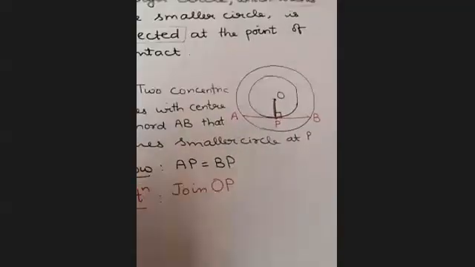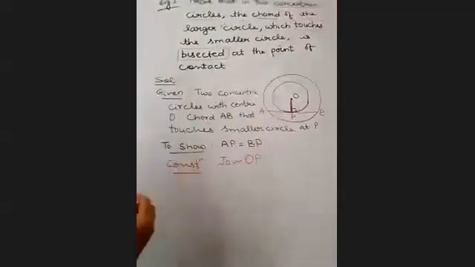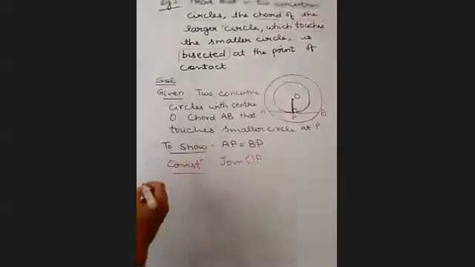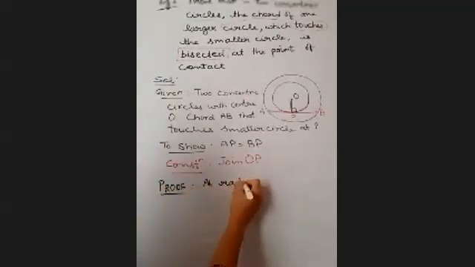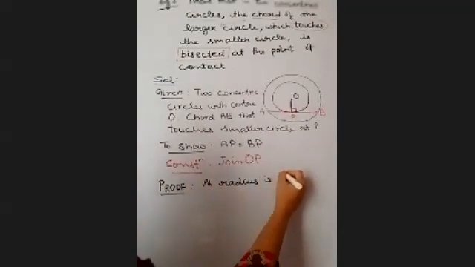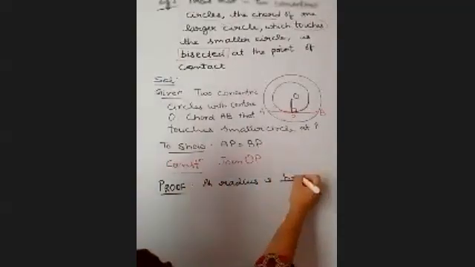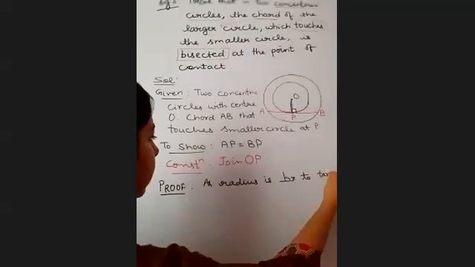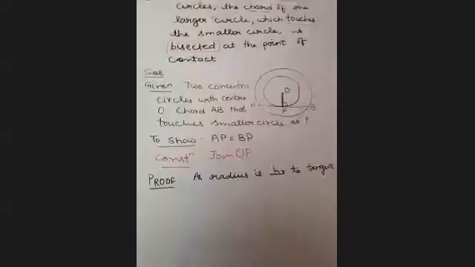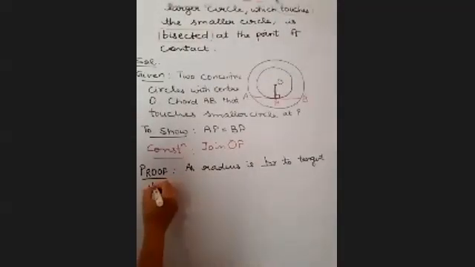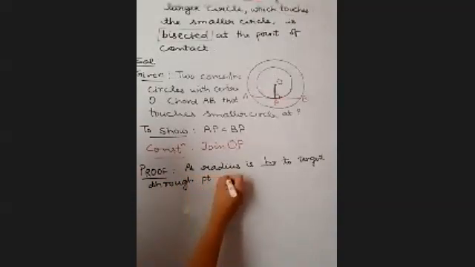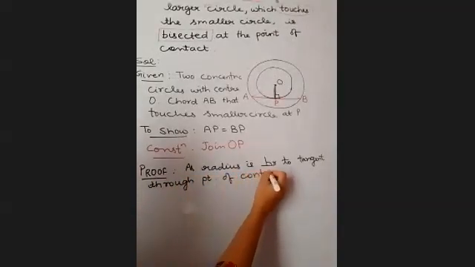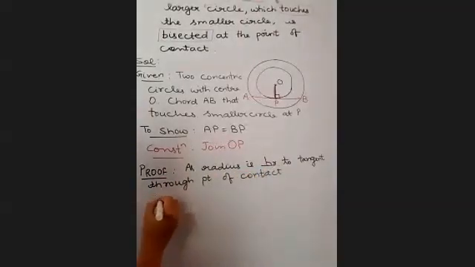Let us just write it down. So we have, as radius is perpendicular to tangent through point of contact, therefore OP is perpendicular to AB.